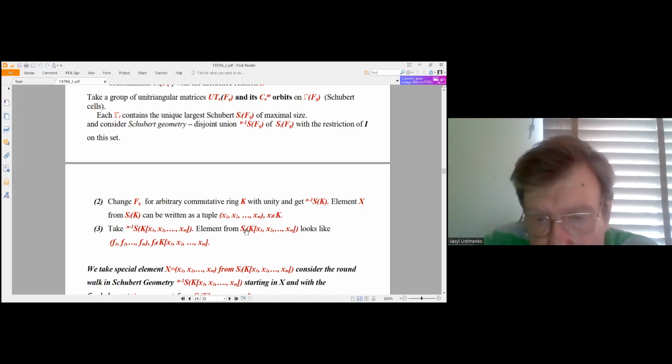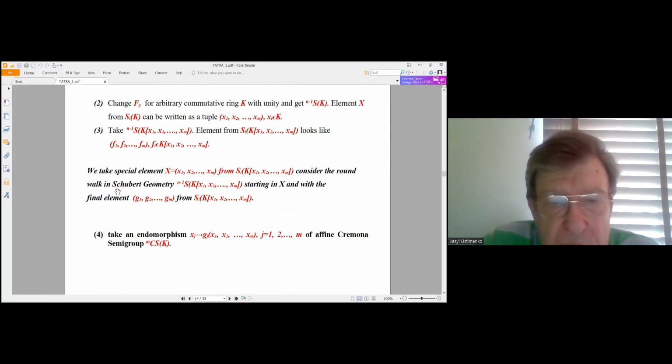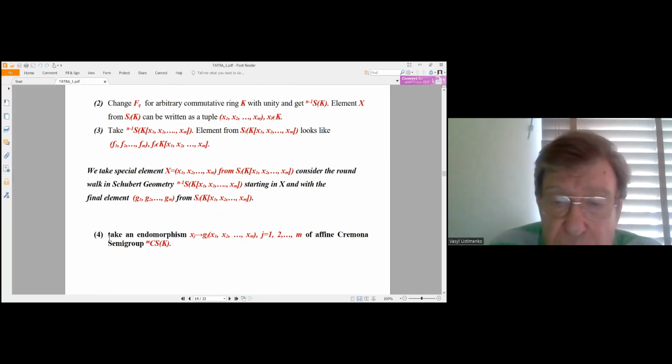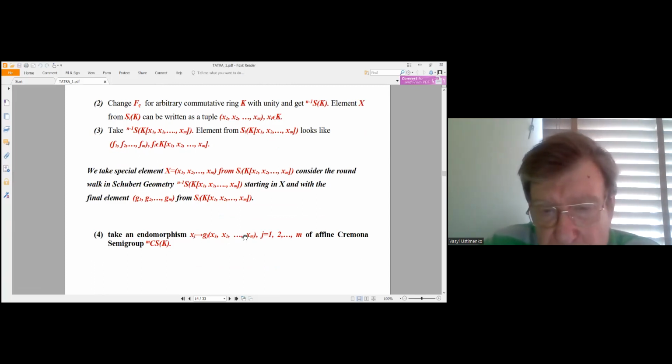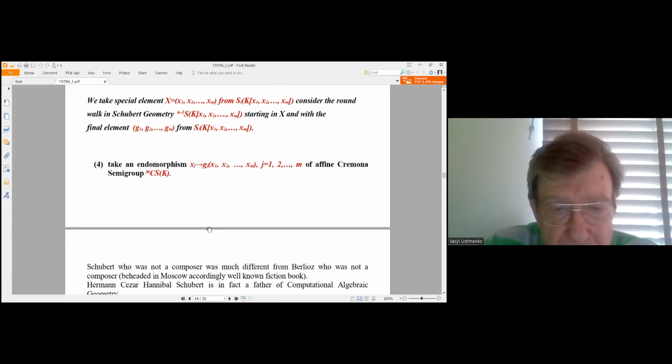So we need to return to this Schubert cell Si, and the destination point will be some polynomials f1, f2, ..., fm. And what we are doing, maybe g1, g2, ..., gm, and we are taking the endomorphism xi to gi, x1, x2, ..., xm of an affine Cremona semigroup. Of course, we need to work to find the condition when it will be an automorphism and the condition when we have a quadratic automorphism. That is the general idea.